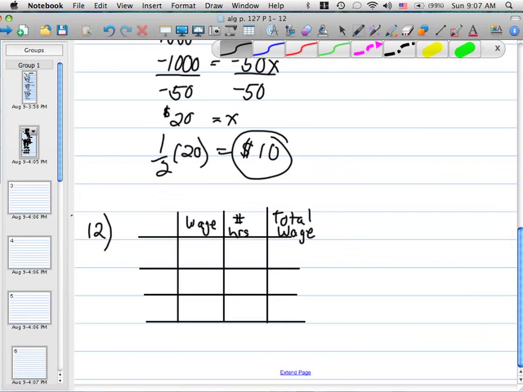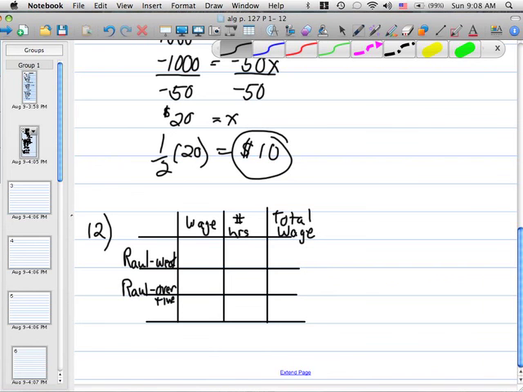And the person working in number 12 is Raul, for the weekday. So we'll just say Raul, and that's the week. And then on Saturdays, he worked 8 hours at $2 more per hour than on the weekdays. So Raul on overtime is basically what that is.